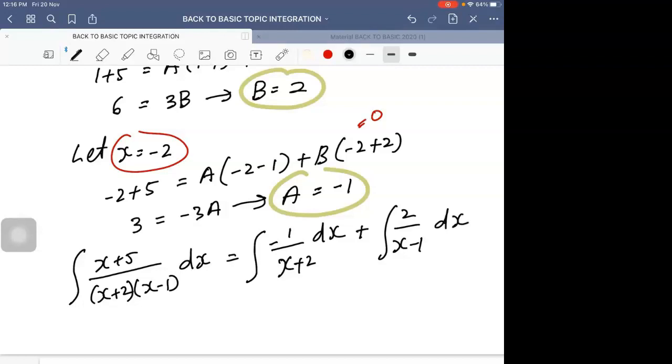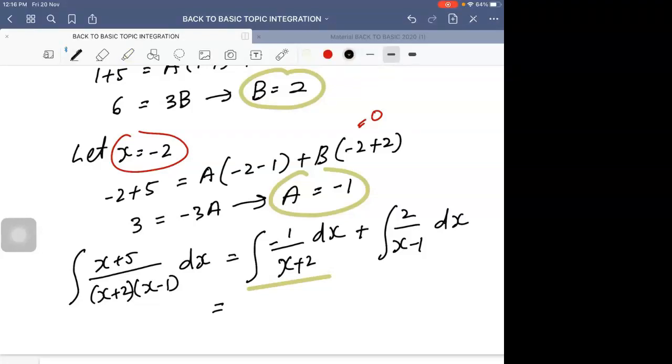So what do you get, students? If you integrate negative 1 over x plus 2, dapat apa? Integrate the first term, what do you get? You should get ln, because the highest power of your denominator is 1. Kita tak boleh bawa dia naik atas.